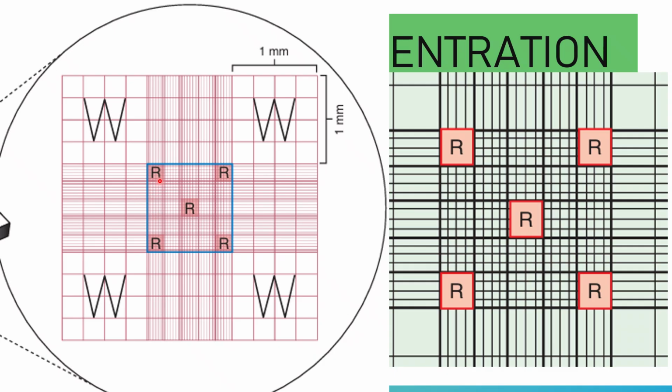So this one small square is 0.2 mm by 0.2 mm. The formula for area is length times width, so 0.2 times 0.2 mm gives you an area of 0.04 millimeters squared.